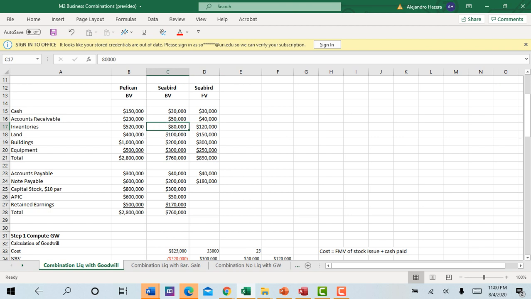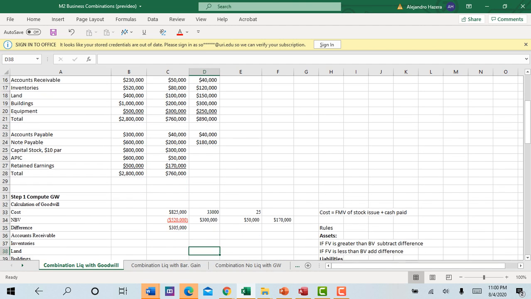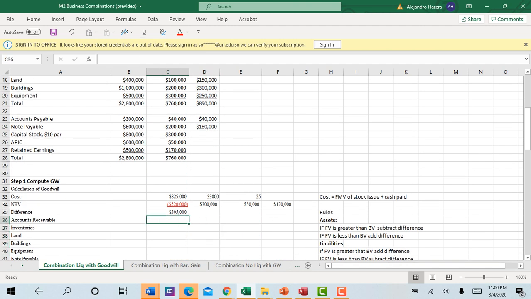You're going to pay 120 for that. You're going to pay 150 for the land versus a book value of 100,000. Same for the buildings. You're going to underpay a little bit for equipment, but this overpayment, part of it is attributable to tangible assets which you're paying, which have a fair value greater than their book value, so you're overpaying. And some you might be underpaying for it.